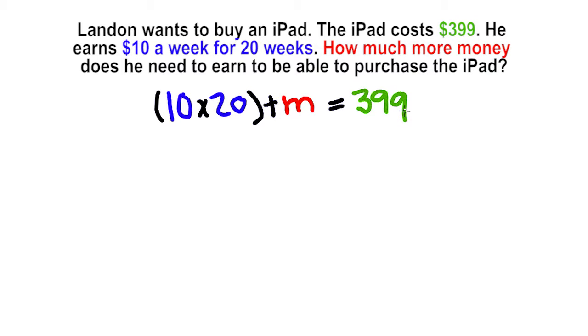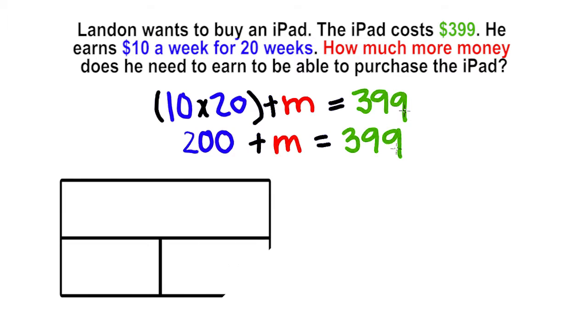I can use mental math to solve and know that 10 times 20 will total 200. Landon has earned a total of $200. Now I need to solve for M. 200 plus M will equal 399. Let's show this in a tape diagram.